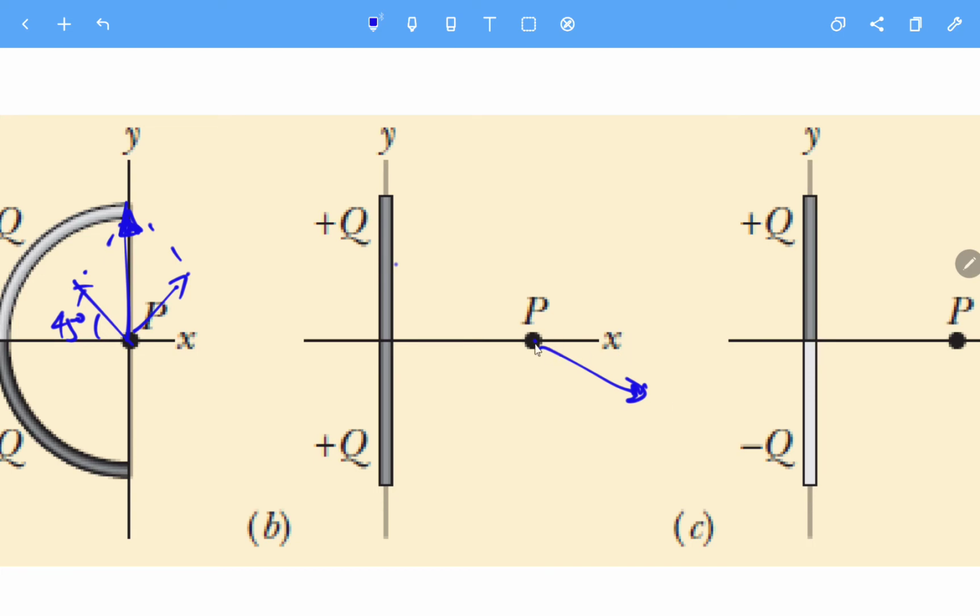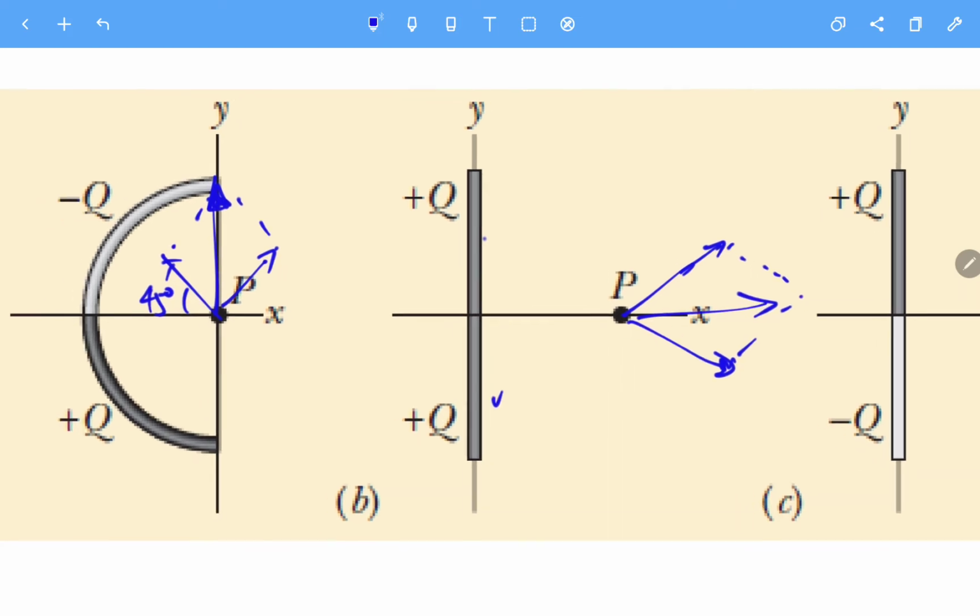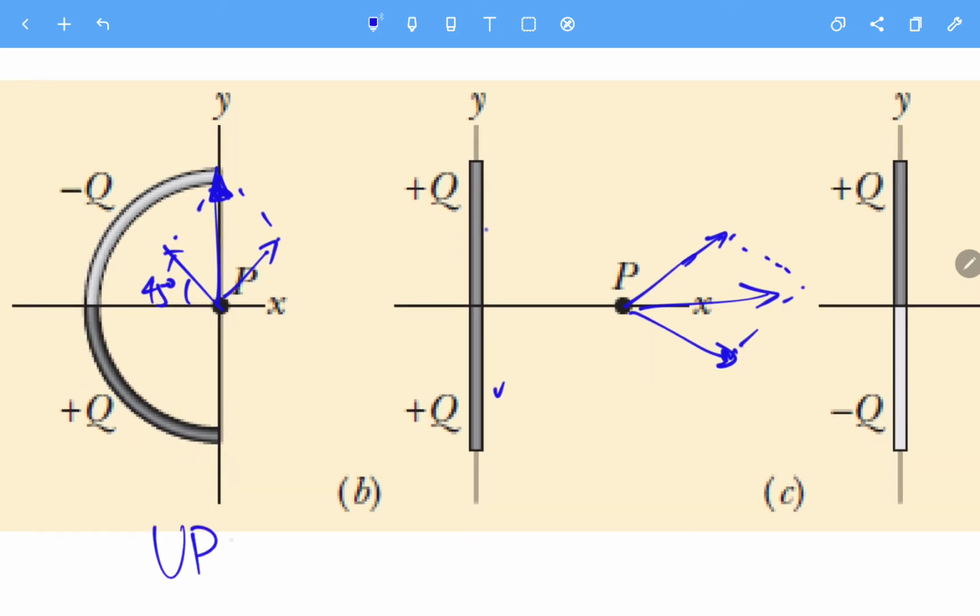And this is symmetric, so we suppose this height and this height are the same. So for this part, it should point to the top right, and of course the overall direction should point to the right side. So the first is pointing upward, and this is pointing to the right side.